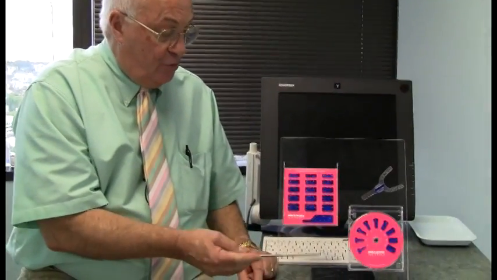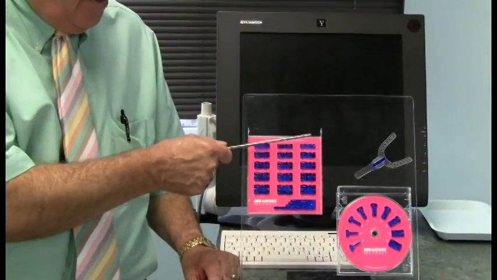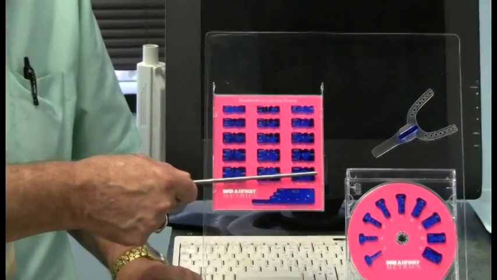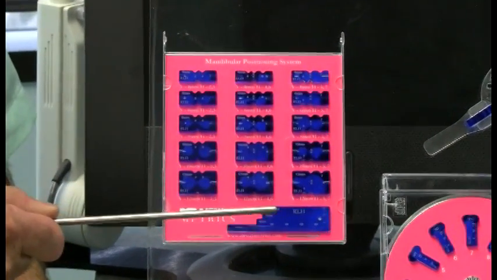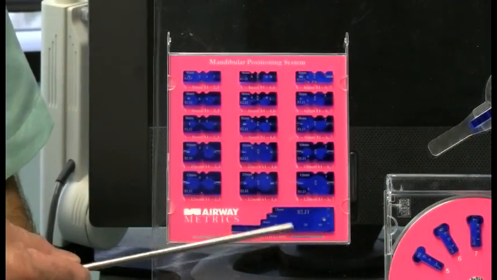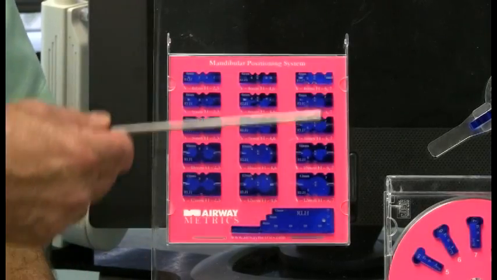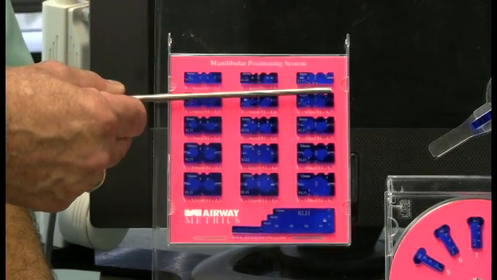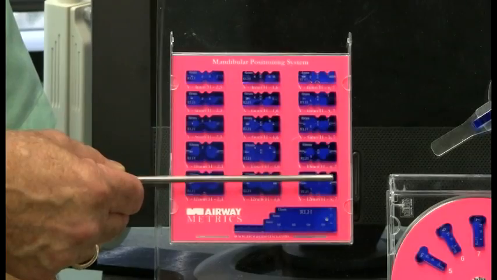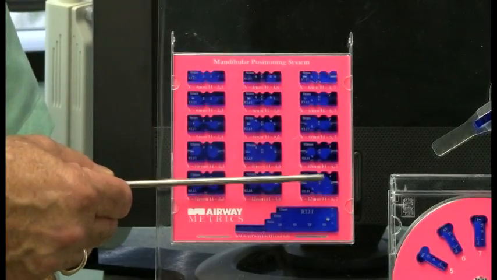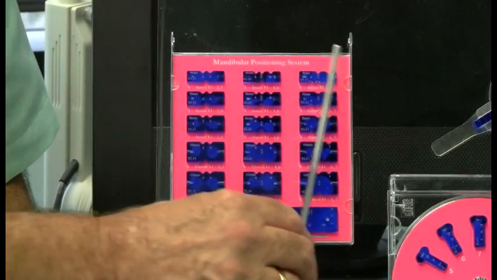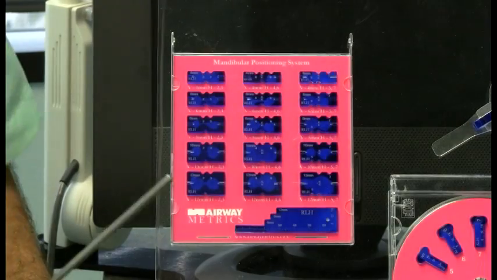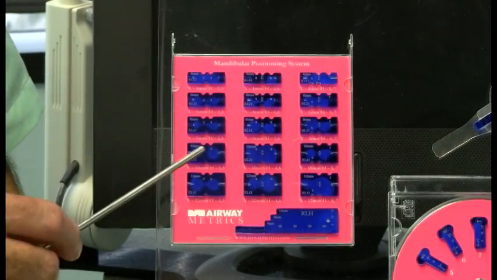The cassette here houses the principal segments of this. There are 15 mandibular positioning simulators, and they are arranged in rows of 4, 6, 8, 10, and 12 millimeters on the vertical plane, and these 3 columns allow AP positions at each one of these vertical planes.